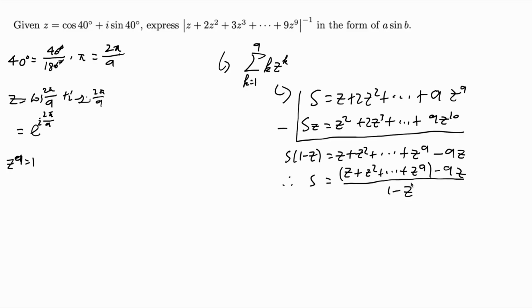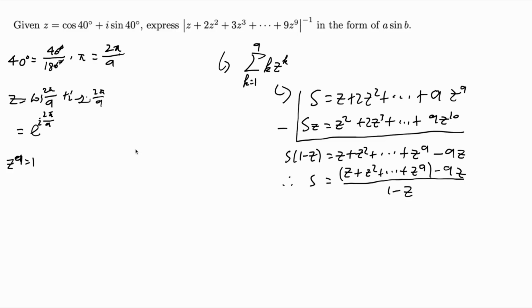Yes, now we know that this thing is equal to this. I think we can simplify this thing more. The reason why I think we can simplify this is because notice that z here is a root of unity. So yes, I think we can use Vieta here.